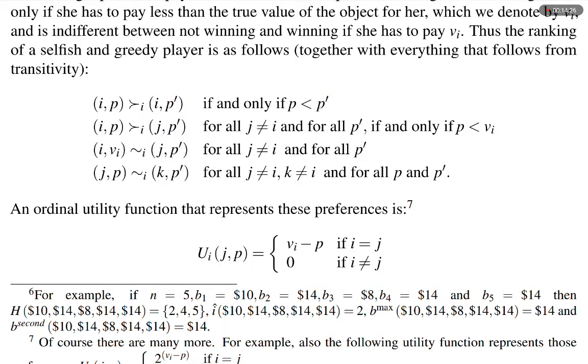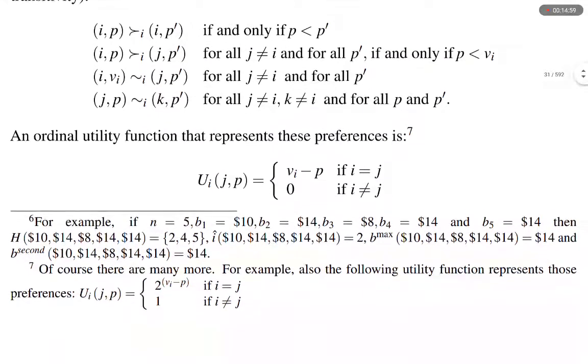The ordered pair (i, v_i) is just as good as the ordered pair (j, p') for player i for all j not equal to i and for all p'. The ordered pair (j, p) is just as good as the ordered pair (k, p') for player i for all j not equal to i, k not equal to i, and for all p and p'.